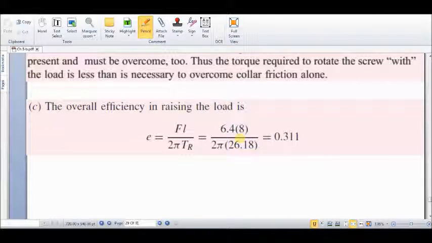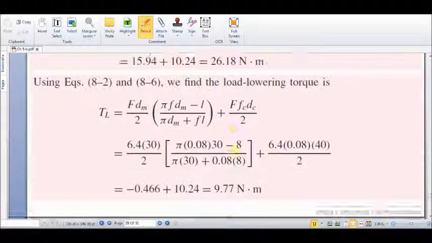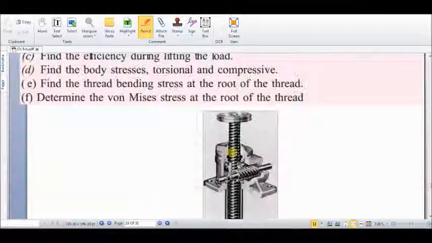The product of these two is newton meter, and here also is newton meter. So the unit of up and down is the same. Then we will get the efficiency equal to about 31%. The efficiency of this power screw is 31%.